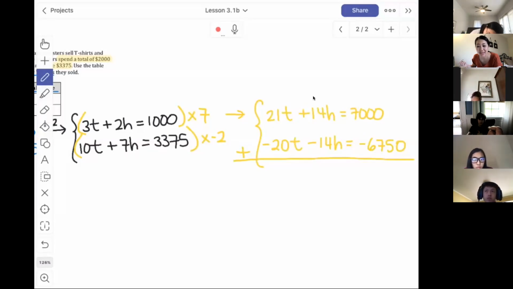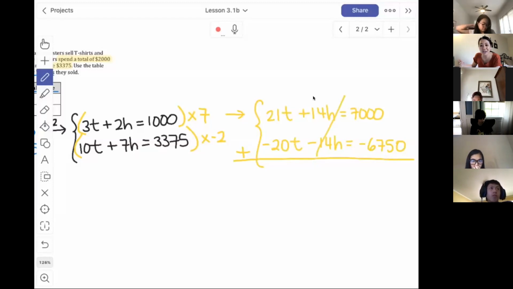I want to eliminate it, so I need them to be opposite signs. Couldn't you have just subtracted them? Yes. The reason I don't use subtraction is that I've seen so many people make careless mistakes. When people add, they do not make as many careless mistakes as when they subtract. That's just from experience. But if you're good with subtracting and you don't make careless mistakes like that, feel free to subtract.